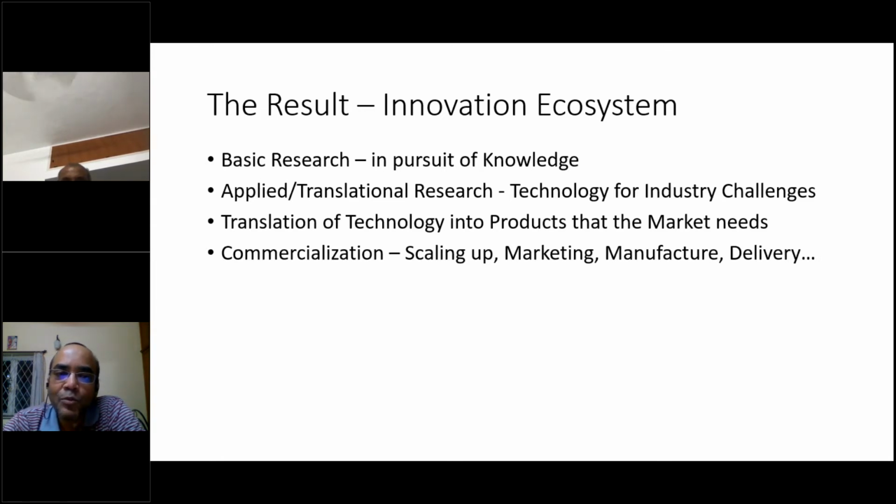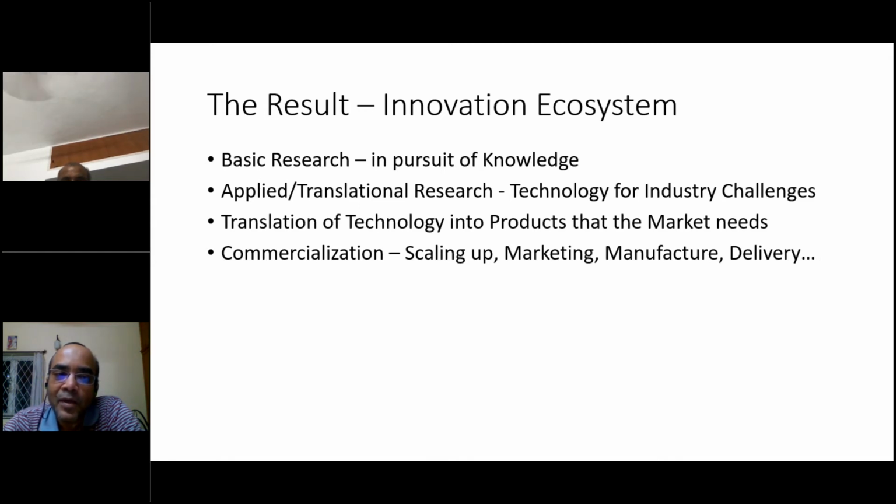That leads to what you call applied research or translational research, which is focused on challenging the industry and helping them solve problems. That is the technology development aimed at getting industry problems solved.